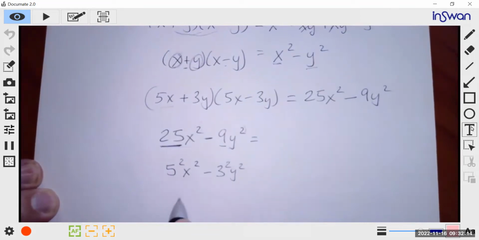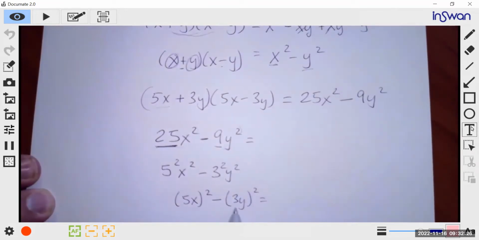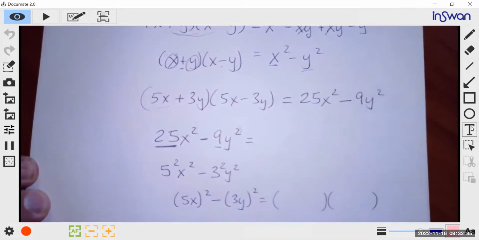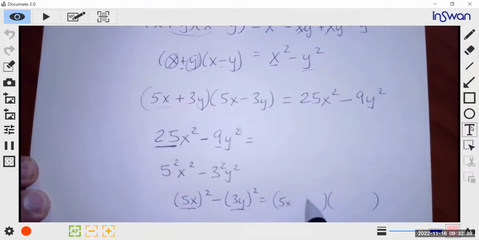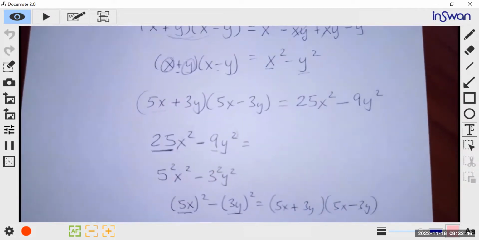So 5 squared x squared is the same thing as 5x squared. 3 squared, that's 3y squared. So we see it's the difference of two squared numbers. Then it has to be 5x 3y, 5x 3y, and different signs. That's the only thing different.